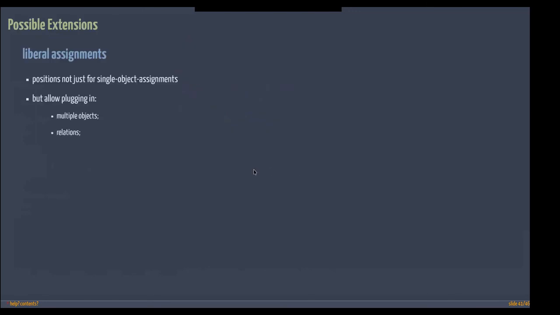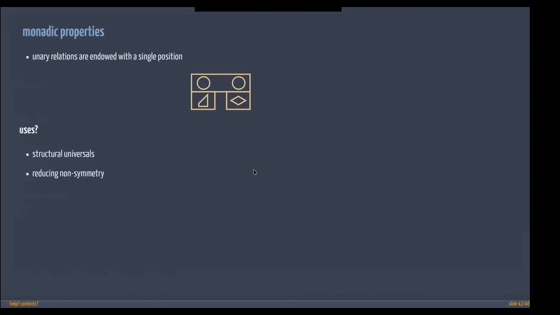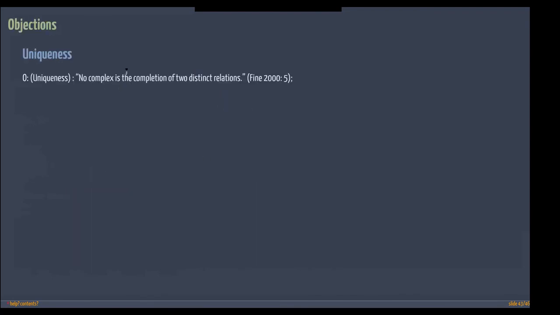Let's start with 2 objections. Well, first one might say no complex is the completion of 2 distinct relations, and of course, what we've done here is to show how completions can be the completions of complexes that are construed by a lot of relations.